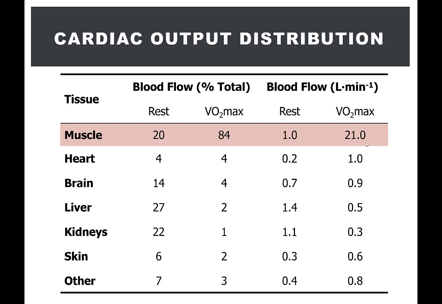Again, it is because contracting muscles require more oxygen via arterial blood flow with increasing exercise intensity to support, again, aerobic ATP production. From rest to maximum intensity exercise, the cardiac output, which again is oxygenated arterial blood, increases from 1 liter per minute to about 21 liters per minute for skeletal muscles, more specifically the active skeletal muscles during exercise.